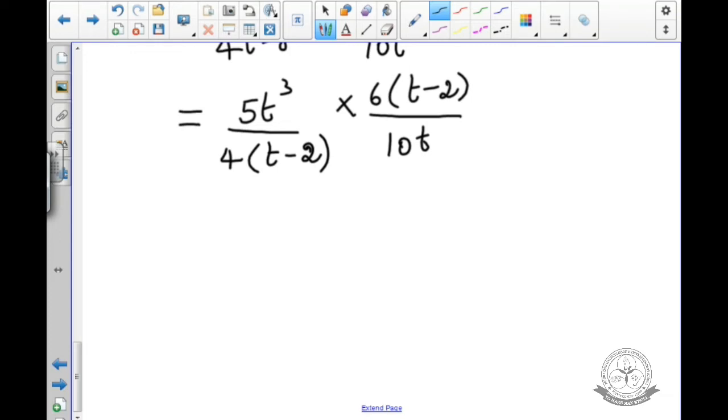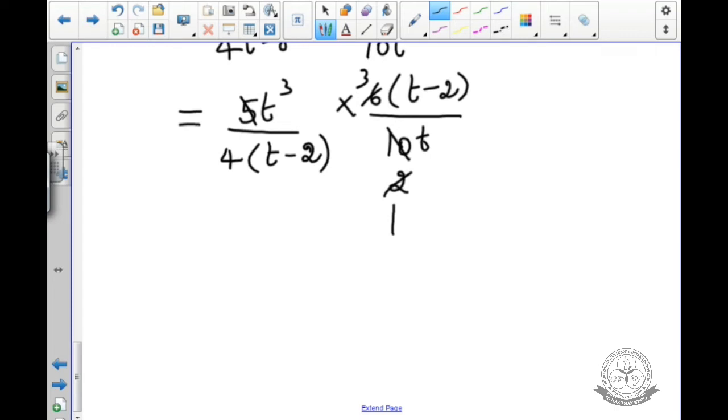So here first I want to cancel the numbers alone. So 1 5 is 5, 2 5s are 10, right? Here also I can do the cancelling. 1 2 is 2 and 3 2s are 6, right?